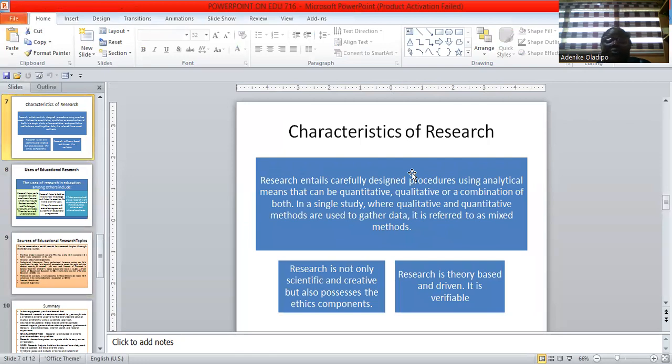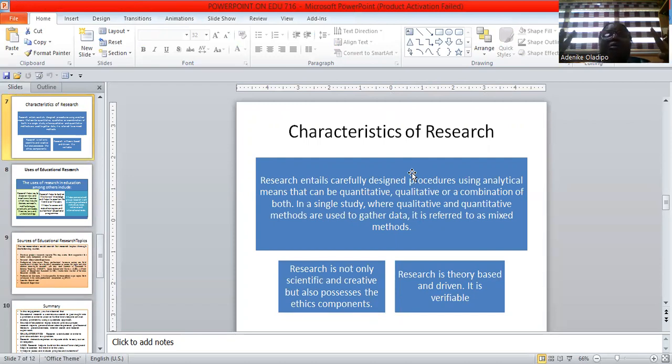Characteristics of research. What do we mean? Or what are we talking about when we say characteristics of research? Research entails careful design procedures using analytical means that can be both quantitative or qualitative.